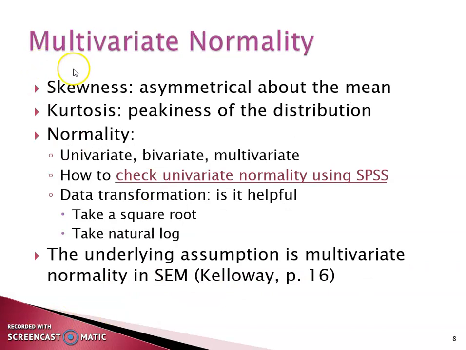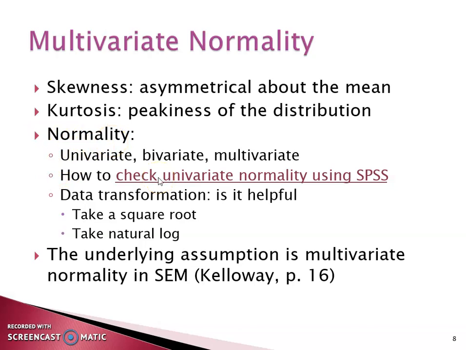In theory, SEM requires multivariate normality as its underlying assumption. We are going to talk about this more when we talk about model estimation. For now, I want you to remember how to use skewness and kurtosis to evaluate univariate normality.